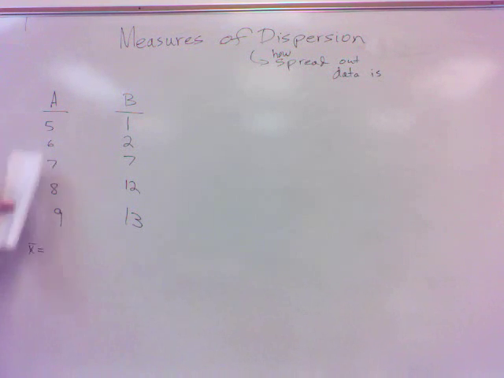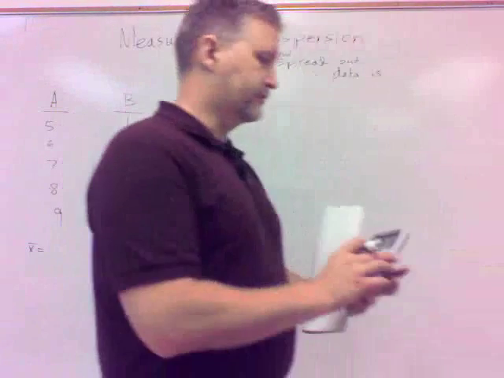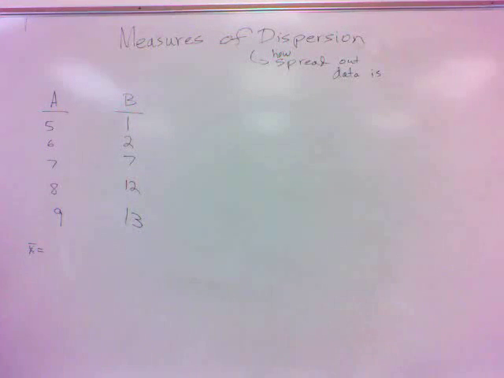What's the mean of A? Well, take the numbers, total them up, 5 plus 6 plus 7 plus 8 plus 9. 35 is the total of those. Divide by how many? 5. Gives me 7. All right, so the mean of A is 7.